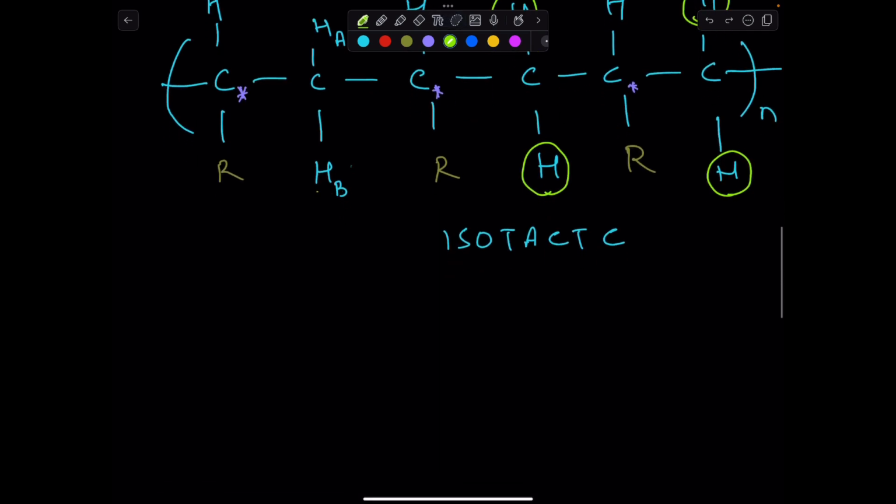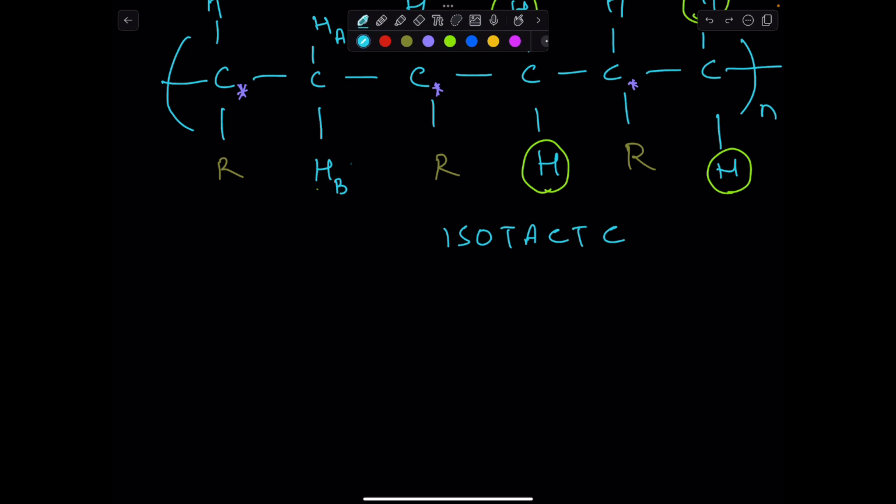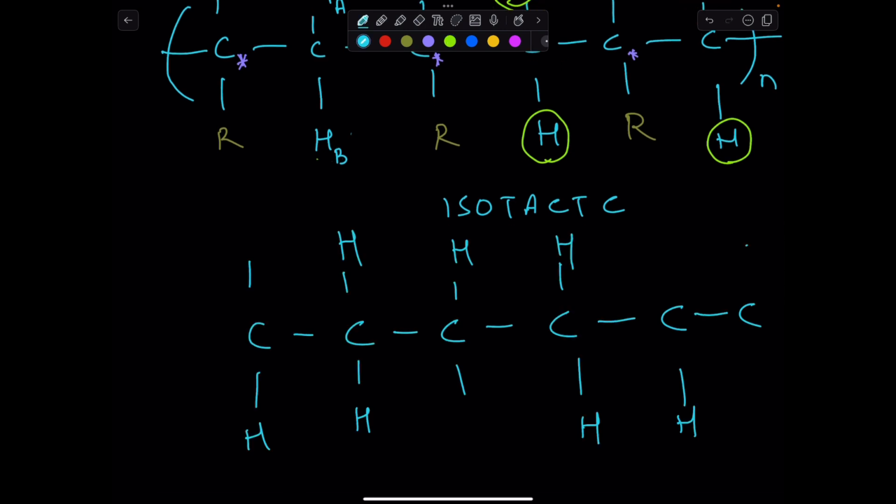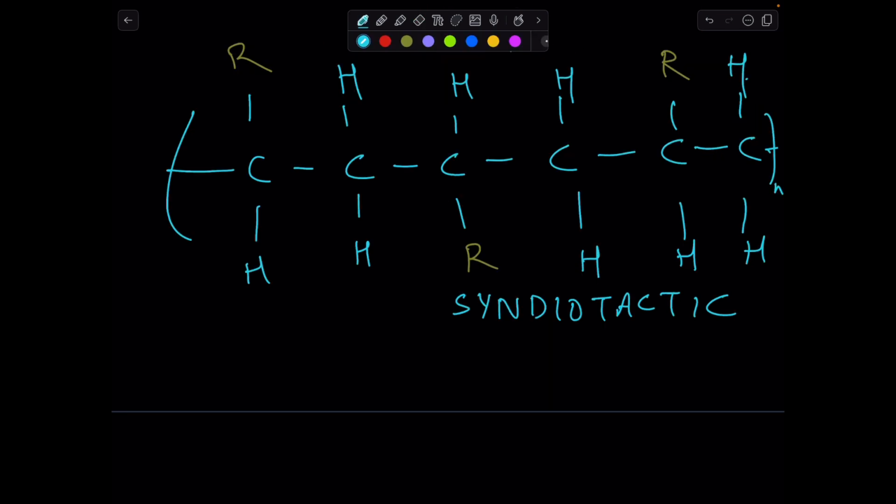Let us consider the syndiotactic polymer. In syndiotactic, let's focus on the methylene hydrogens. Each of these methylene hydrogens is flanked between a hydrogen and an alkyl group in the neighborhood.